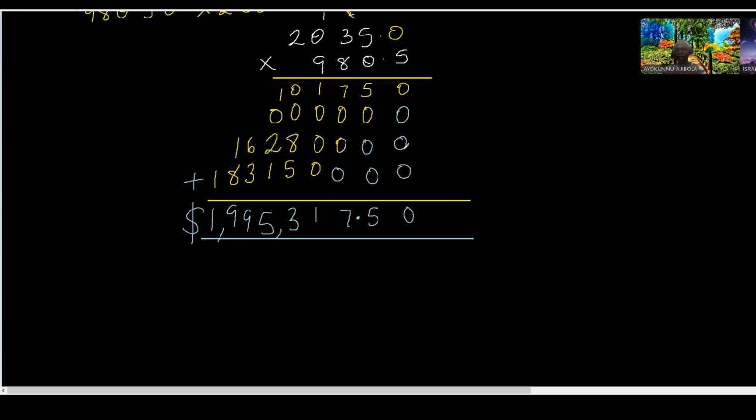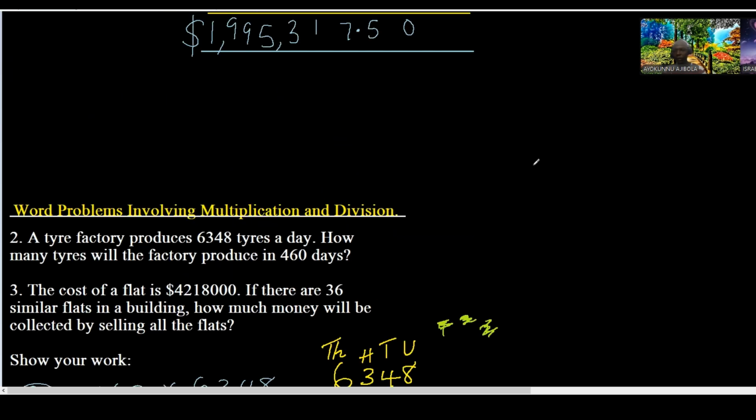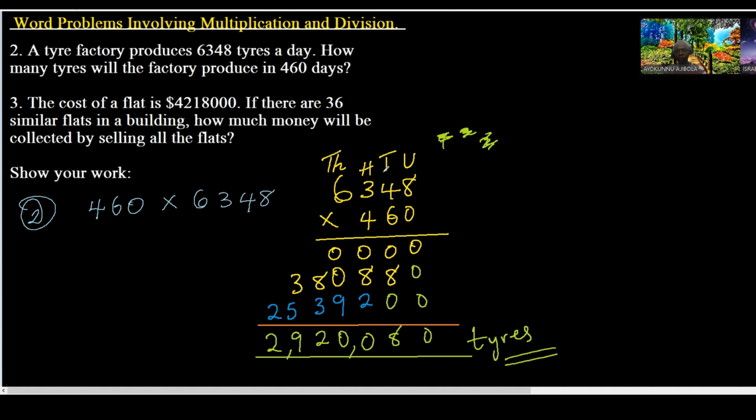Then the next level, we have 4 times 8 is 32. I write 2. I keep 3. Then 4 times 4 is 16 plus the 3, that's 19. I write 9. I keep 1. Then 4 times 3 is 12 plus this 1, that's 13. I keep 1 again.